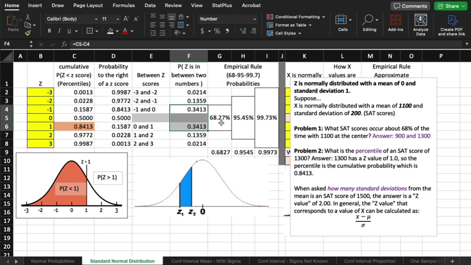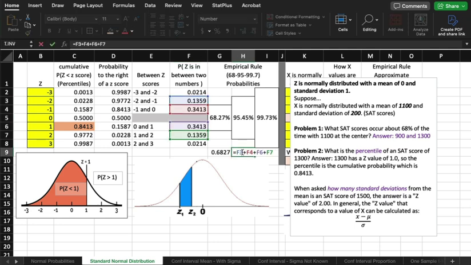which is happening 68.27% of the time. The next value is within two standard deviations of the mean. That's all four of these numbers that you see highlighted here, from -2 all the way up to +2. Again, we have to add those probabilities up. So down here in cell H9, I added F3 plus F4 plus F6 plus F7.